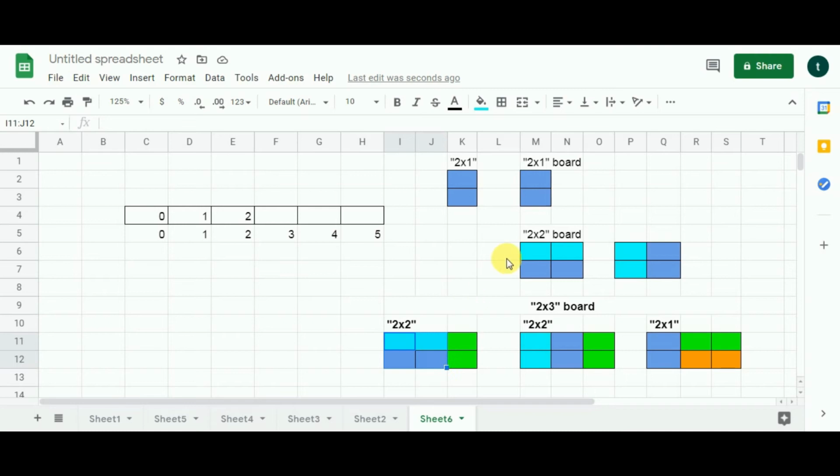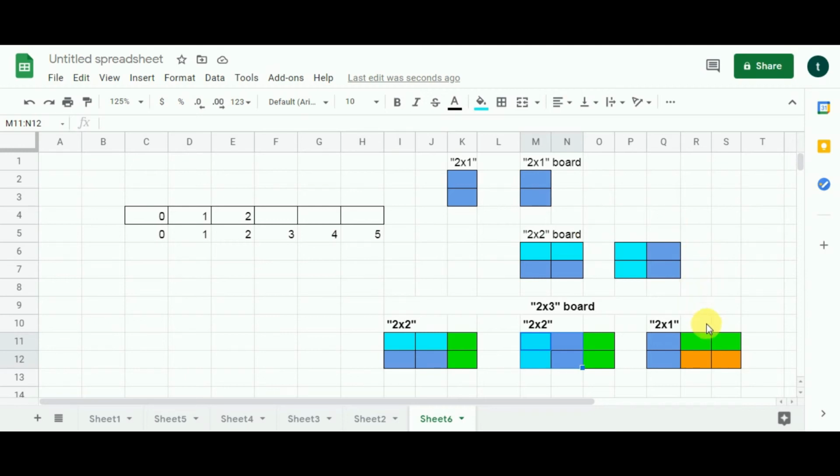From this second arrangement, if you take out the last tile, which is in green, for a while, then observe again that this is the second pattern from the 2 by 2 board arrangements. Note again that this tile we ignored for a while is also placed vertically. This means that the number of ways for 2 by 3 board is going to be the same as the number of ways for 2 by 2 board.